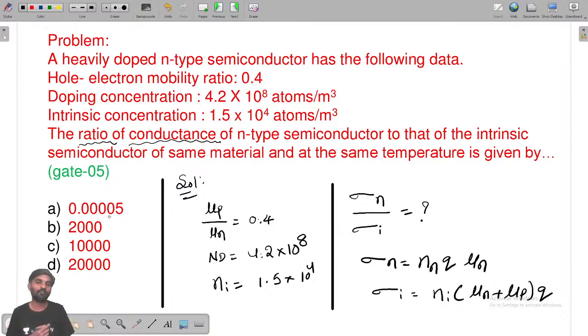Don't think that there will be a reason behind any answer. He may be asking anything. Just to change the format of the problem, he has given something new. He would have given mu p by mu n as 2 by 5 also.